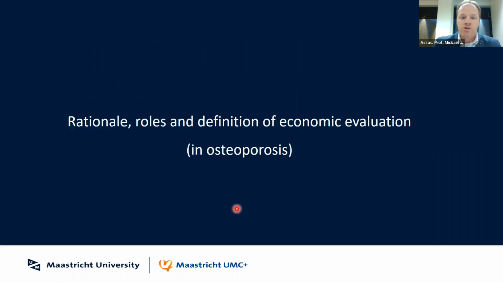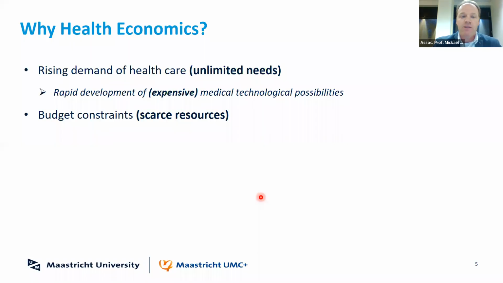But first, I will start with the rationale, the roles, and the definition of health economics and economic evaluation. And first of all, why health economics? Why is health economics becoming so important? It's because we have an increasing tension between a rising demand of healthcare, we have unlimited needs, and budget constraints, we have scarce resources.